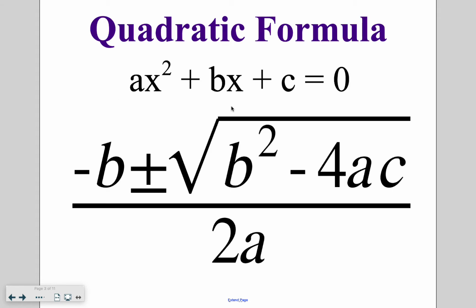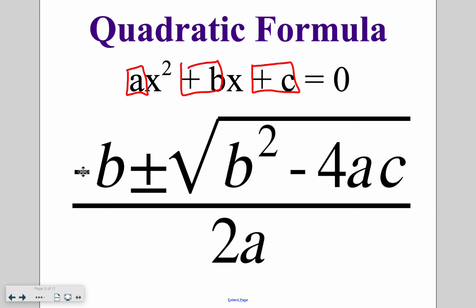So we're going to start with what is the quadratic formula. This is the most efficient algebraic way for us to solve quadratic functions. When we have our quadratic, ax squared plus bx plus c, we have our a value, our b value, and our c value. We can take those and plug them into this formula down here, which is called the quadratic formula.